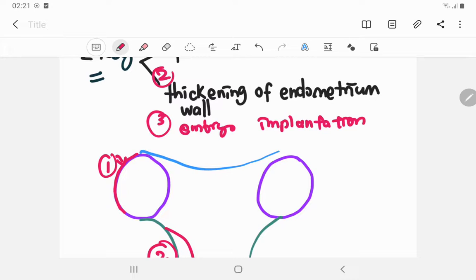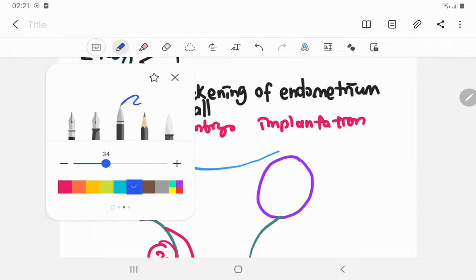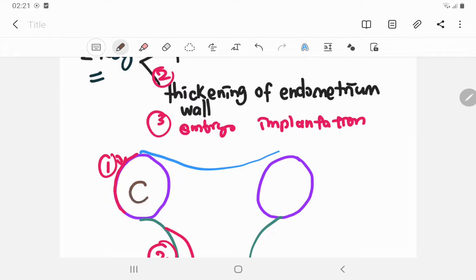The ovary is an organ that produces an ovum or secondary oocyte. So let's say this is the secondary oocyte or ovum. Your ovary produces secondary oocyte, and during ovulation, secondary oocyte is released into the fallopian tube.